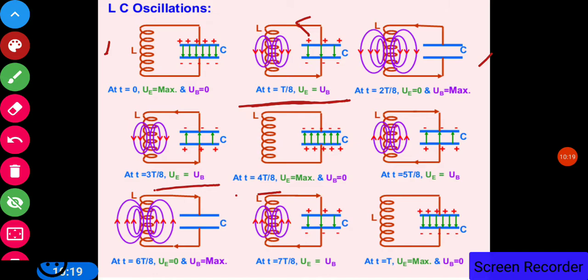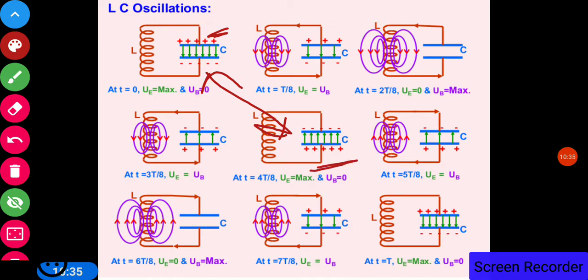energy is again stored by the capacitor and the magnetic energy stored by the inductor becomes zero. But this time, just see the difference between these two figures. In this figure this side is positive, but here the other side of the capacitor is positive, meaning the polarity of the capacitor has changed. So now the direction of the discharging will change.